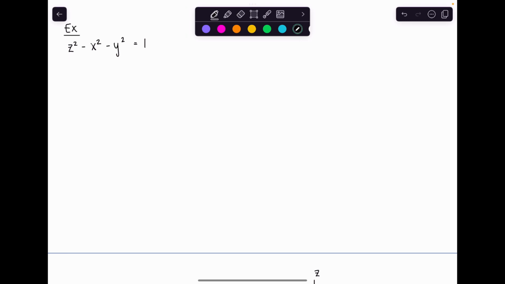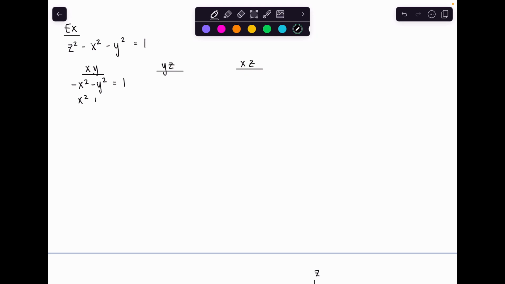So starting with our traces, I'm not going to write the word trace anymore because we've written it so many times now. Okay. For the xy trace, if I let z equals 0, this gives me negative x squared minus y squared equals 1. Well, maybe I think this is a circle because I have x squared and y squared and they're the same sign.